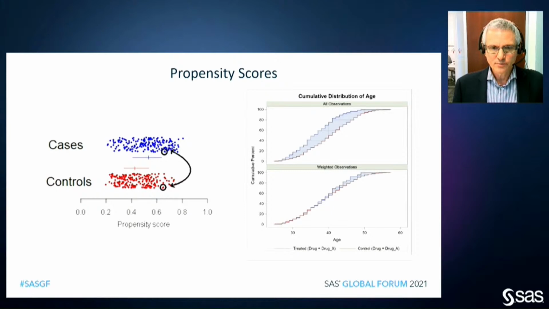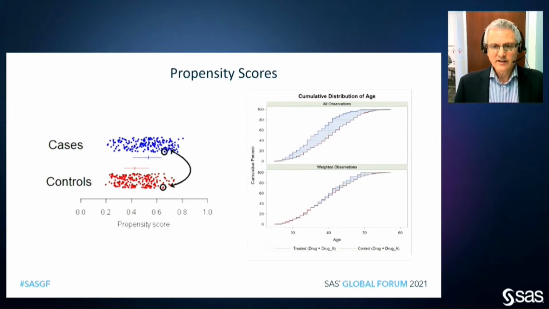The PSMATCH procedure in SAS/STAT provides methods of weighting, stratification, and matching. The objective is to achieve a balance of confounding distributions across treatment groups. PROC PSMATCH assesses covariate balance by comparing the distributions as you see on the right in this slide.